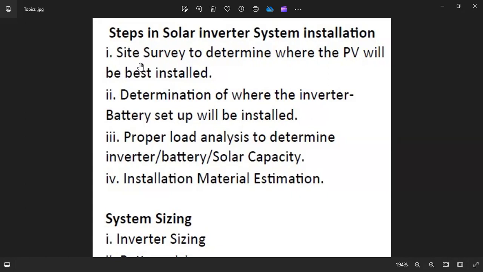So we should install our inverter and our lithium battery in a ventilated space. Since you can't install the inverter in a non-ventilated space, the lithium battery that is together with the inverter would have to be installed in a ventilated place.